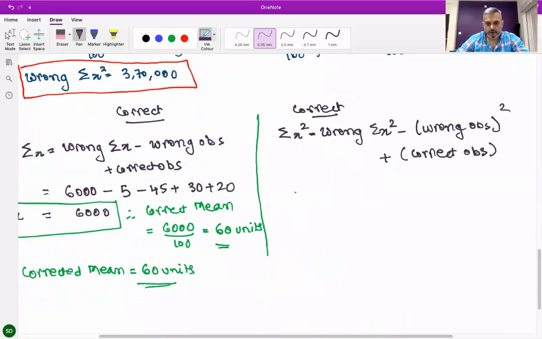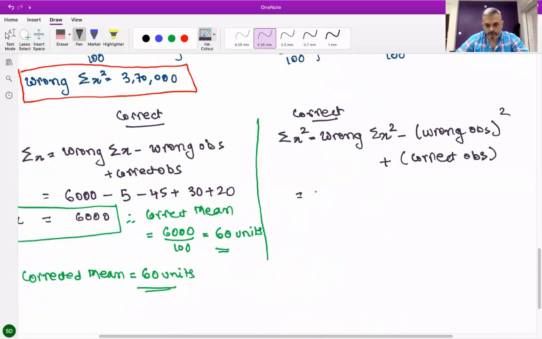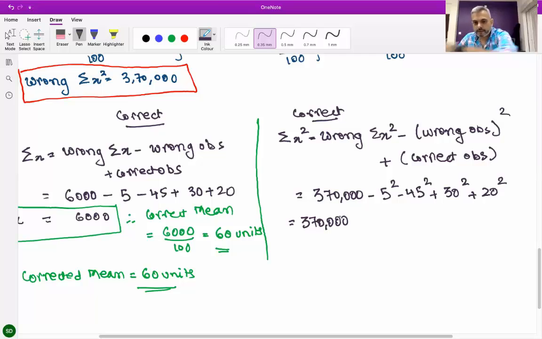So let's go over here, which is equal to 3,70,000 minus wrong observation is 5. You can see over here 5 square minus 45 square plus 30 square plus 20 square, which is equal to 3,70,000. Take a calculator.